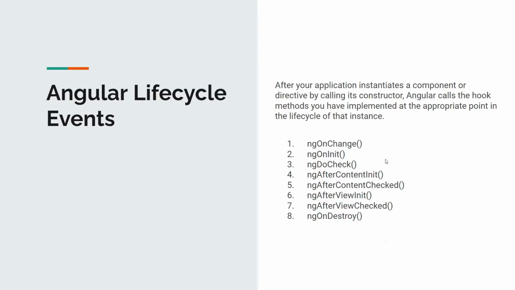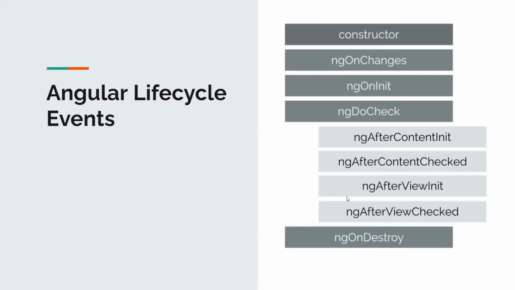So, these are the Angular lifecycle events. To use these lifecycle events, we can implement the relevant lifecycle interfaces. Okay. Now, this is the order in which lifecycle hooks are triggered. Let's see how this works.